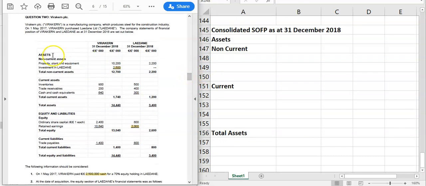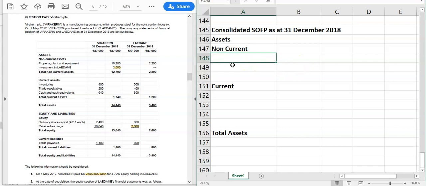And you're working off these figures here now, and you're also working off the notes to the accounts. So here in your non-current assets, we have PPE. Now, I would tell students, leave your right column there, and what I do is I would just show in brackets where the figures are coming from. This is going to be parent, 10.2, plus sub, 2.2. They're the obvious ones. You always do parent plus sub, but be careful now.